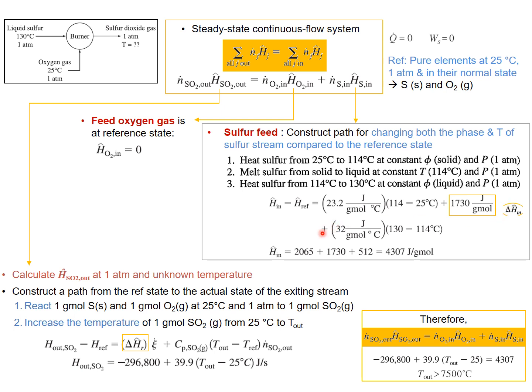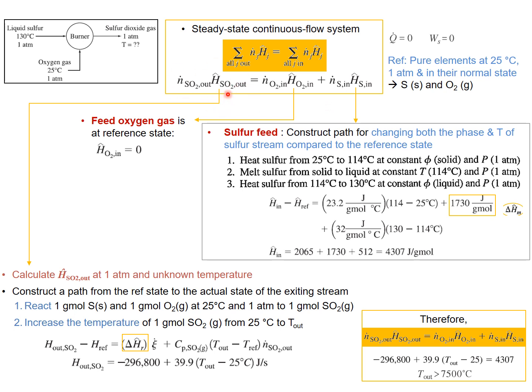Plus, we should increase more temperature from boiling point to the target temperature 130 Celsius degree with the heat capacity of liquid phase. And then summation of things, we have the value for the second term on the right side of the energy balance equations. And then let's go to the left one.